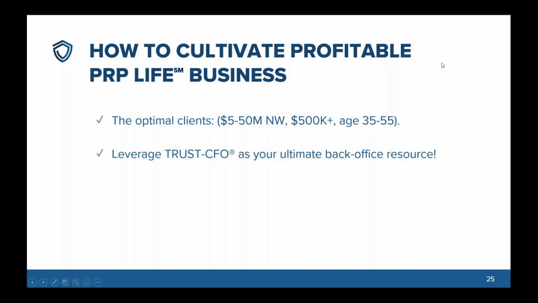Please leverage us as your ultimate backroom office resource. I can't stress enough that while I just went over these models, they're basic models. At every turn, there is a T to cross and an I to dot in terms of how do you get the administration done properly and not unwind the beast.